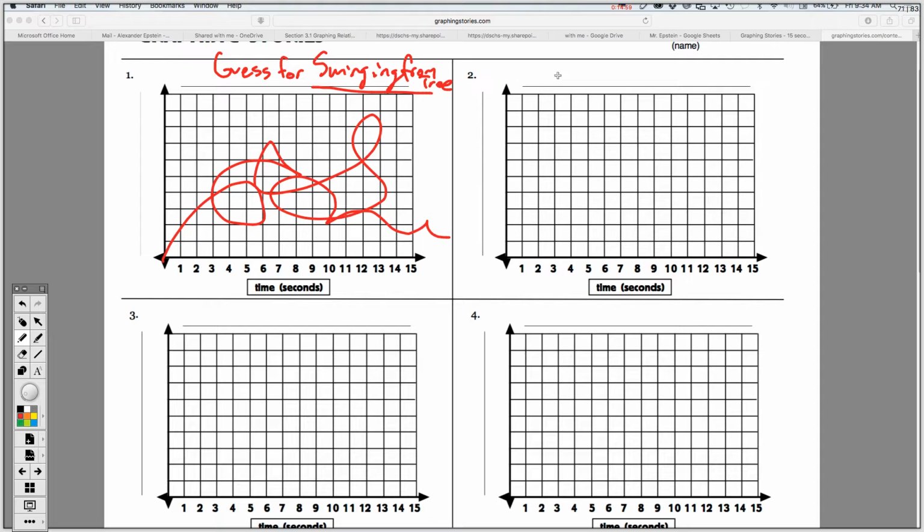Then on here, answer for, and then swinging from a tree or whatever it is. Okay? And you're going to continue that, guess, answer. So make sure you have a guess, and then on this side, what is the actual answer? Don't erase it afterwards, so you can tell the difference between the two. That's how you're going to learn this, okay?